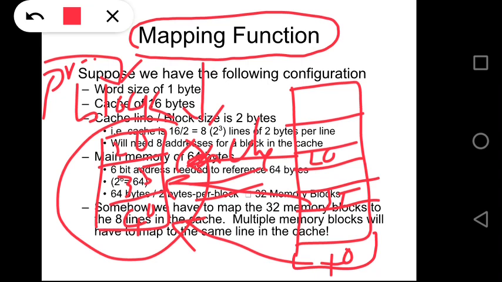It tries to see whether the word is present in the cache rather than main memory, because you can get a memory word in much less time if it is in the cache. This is called a cache hit. If the word is not available in cache, it is called a miss.